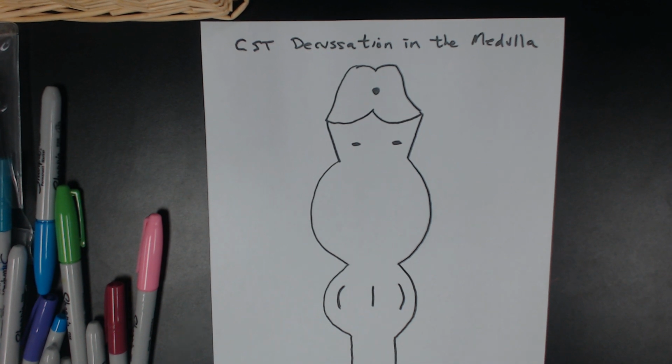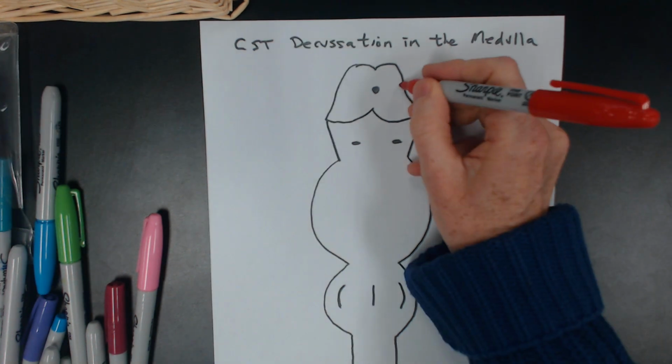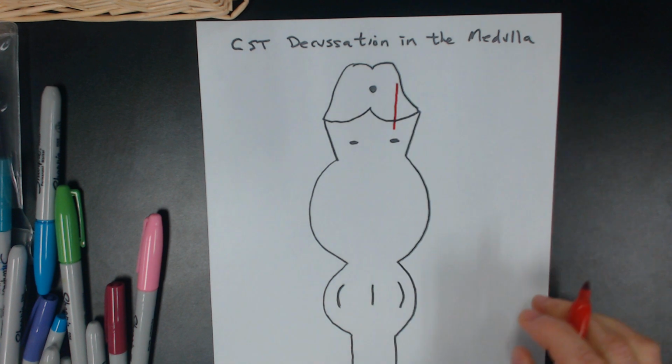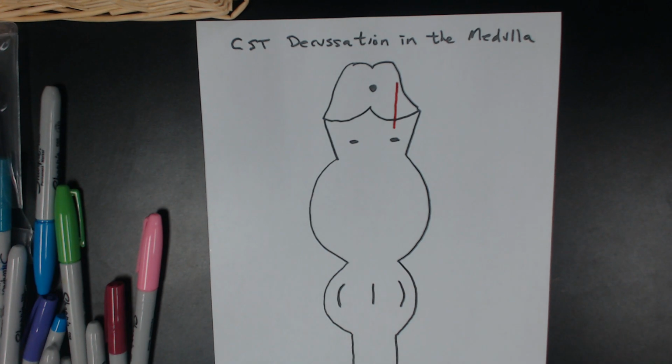Just like we did with somatosensory tracts, we're going to have that upper motor neuron axon coming down into the midbrain. It's just there for right now.